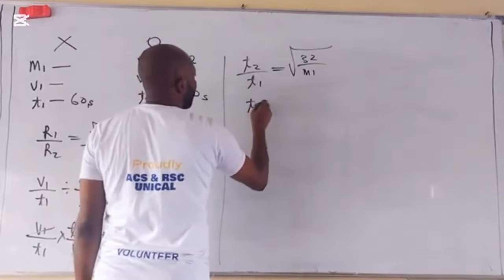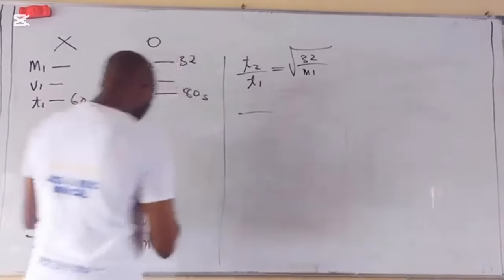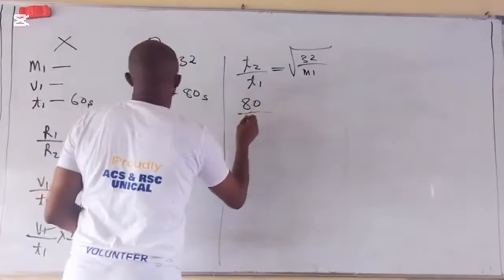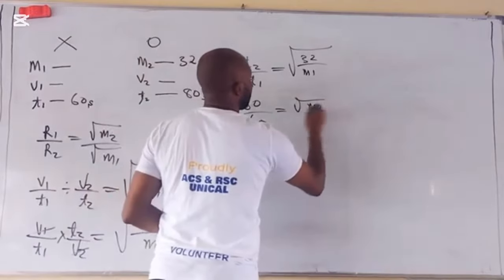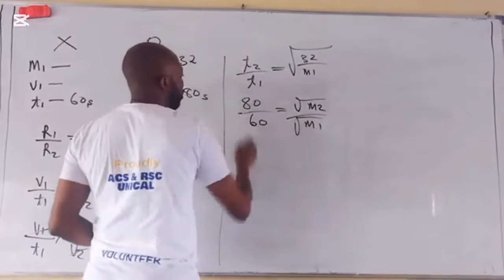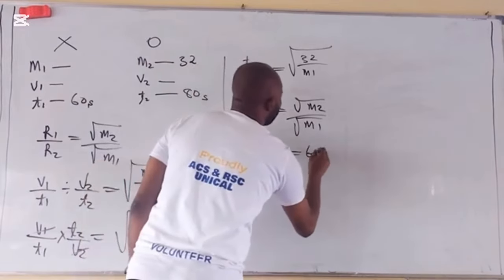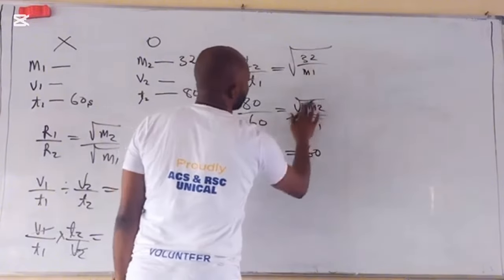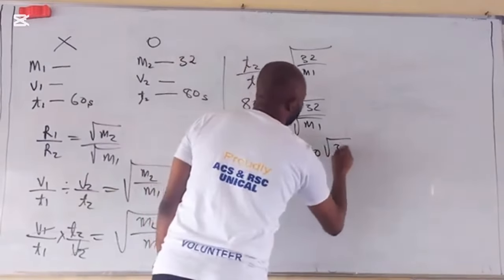Okay, this is the same thing as T2. Let's put the time now. Now, the T2 is 80 seconds. T1 is 60 seconds. This is equals to the root of M2 over M1. So now to cross multiply, I have 80 root M1 is equals to 60 root 32, M2 is 32.